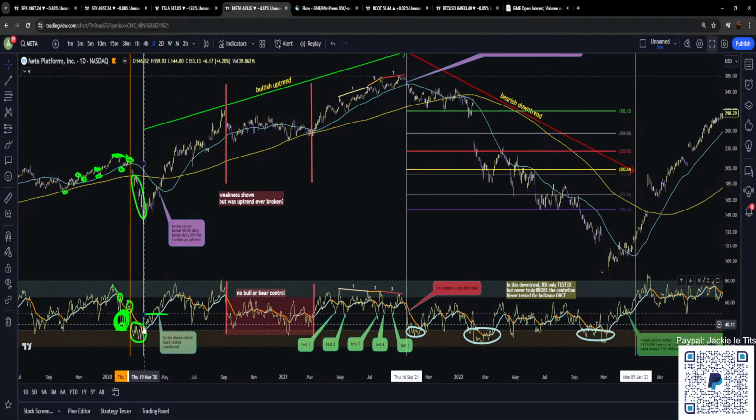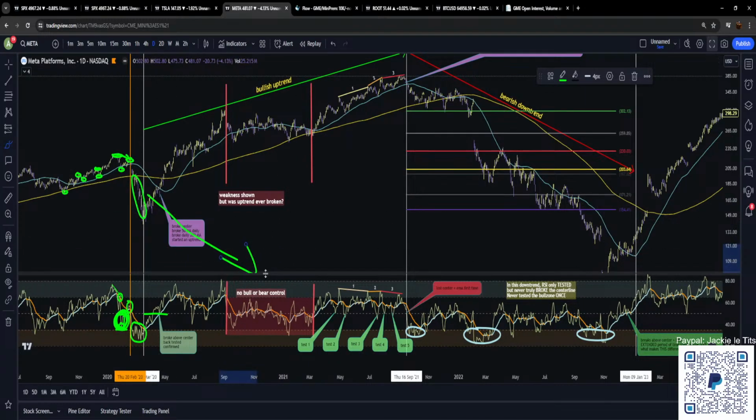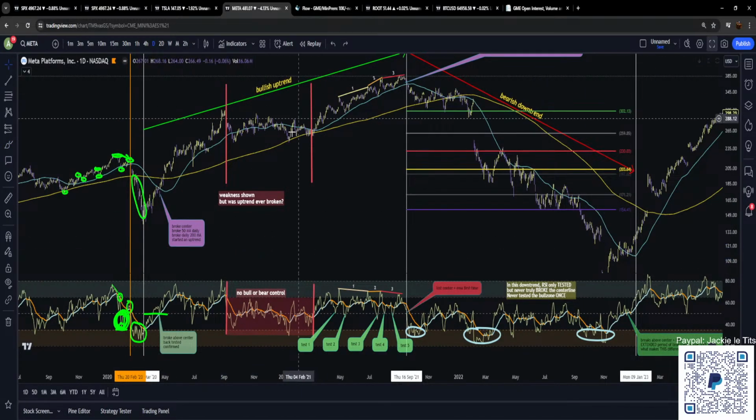In this moment right here, when you had entered the bearish control zone, if bears wanted to take control and watch this thing continue to crater back down and really have a nasty move down, bears needed to hold the center line. Why did they need to hold the center line?